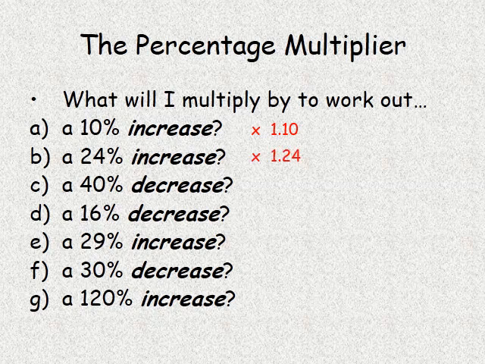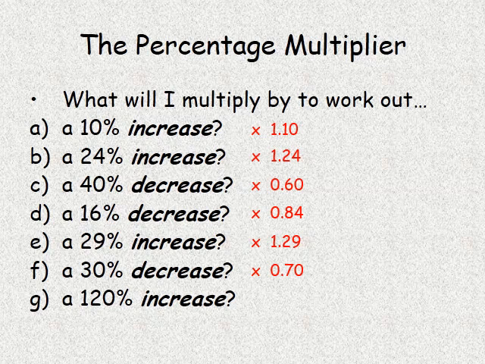Okay, so there's another increase, this is a decrease, so in this instance it's a decrease of 40%, so therefore it's worth 0.6. Okay, and now be careful with this one, because we have the 100% to start off with, and here it has doubled and then 20% more on top.